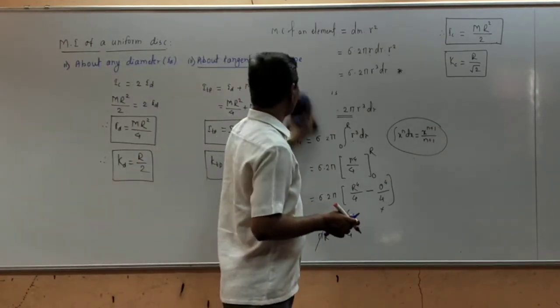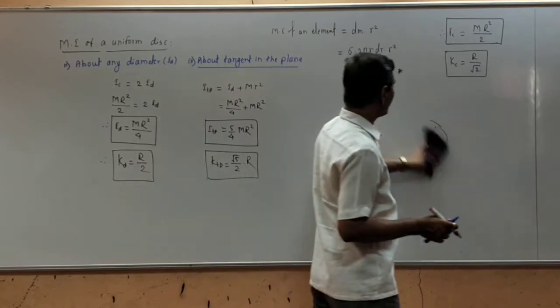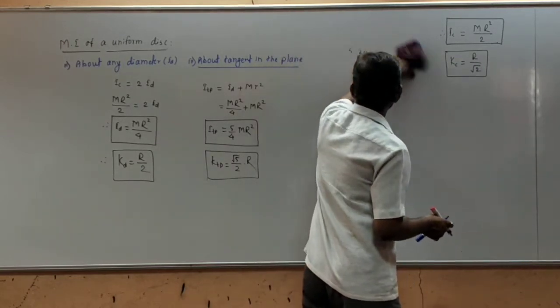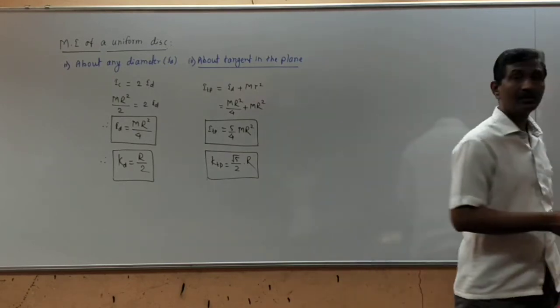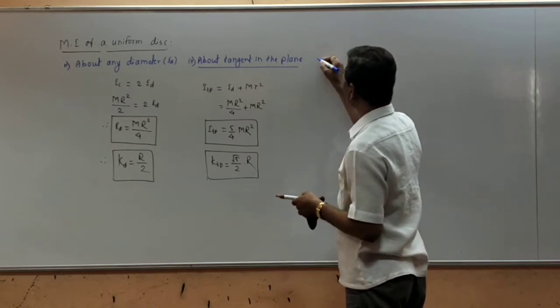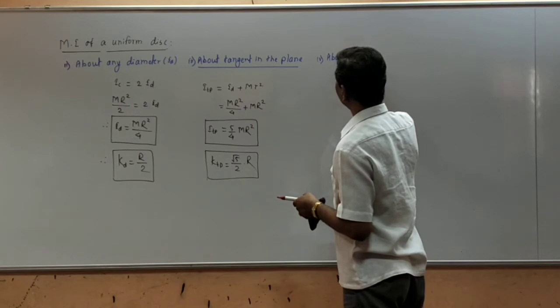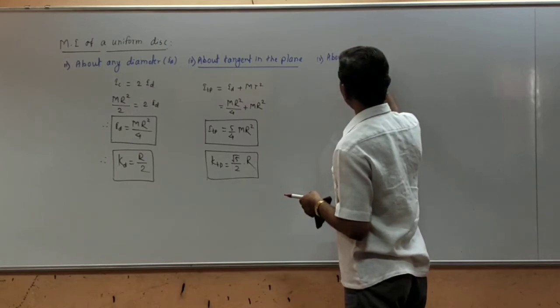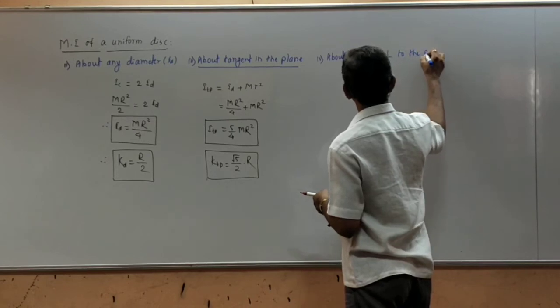And the last case is about the tangent perpendicular to the plane. Such a tangent is parallel to the axis passing through the center and perpendicular to its plane. So our fourth case is about tangent perpendicular to the plane.